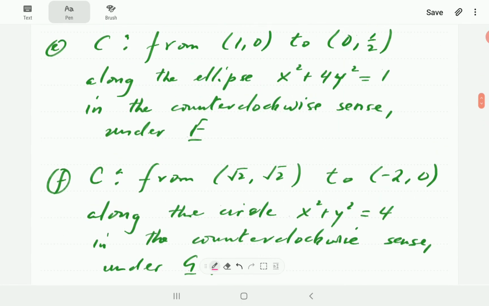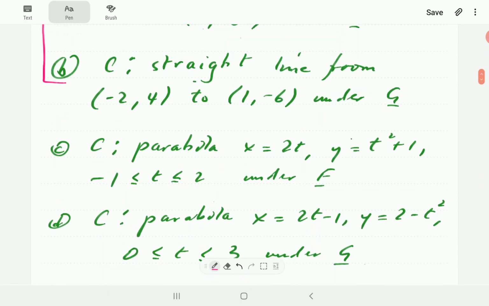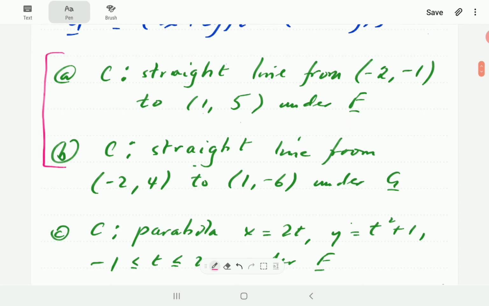All right, so at this point, what we are going to do is we are going to give you an opportunity to have a go at this example number B here. So what you can do is to pause the video, work through example number B. It's very similar in structure to what we did there. It's a straight line contour again.